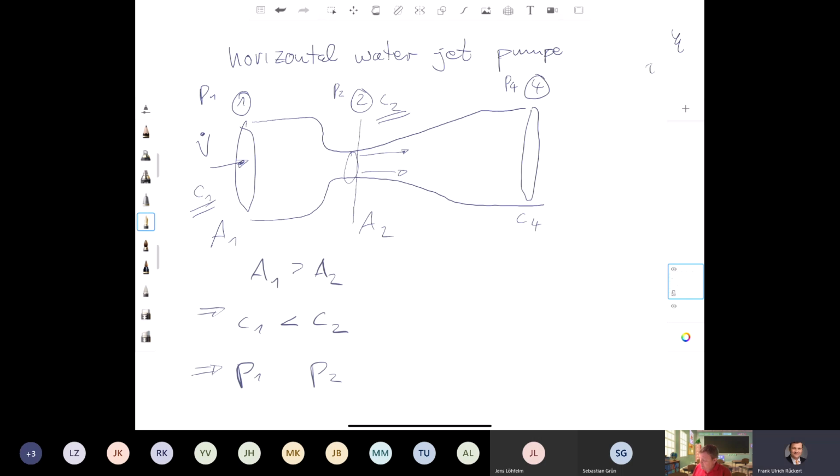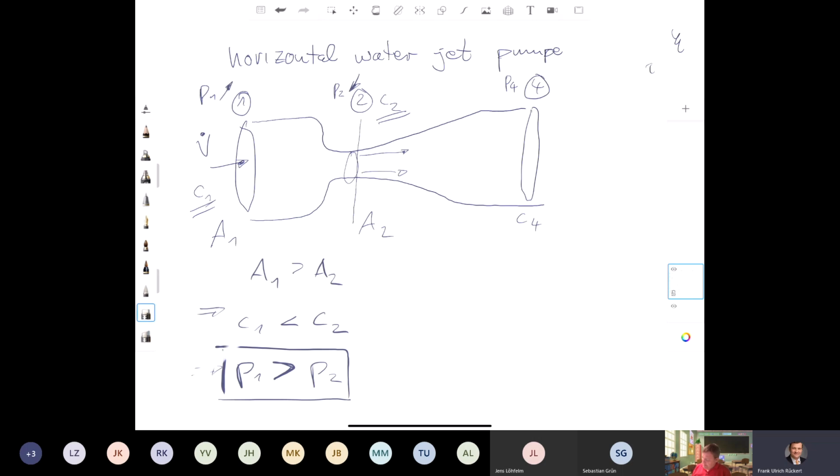C1 of course will be lower, and C2 will be higher. And that's not so easy.